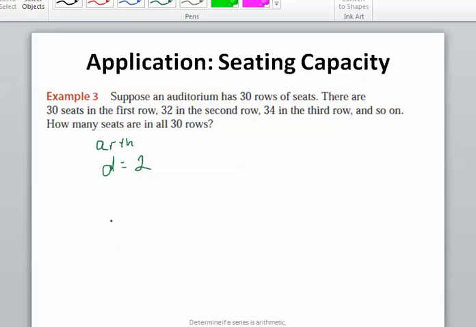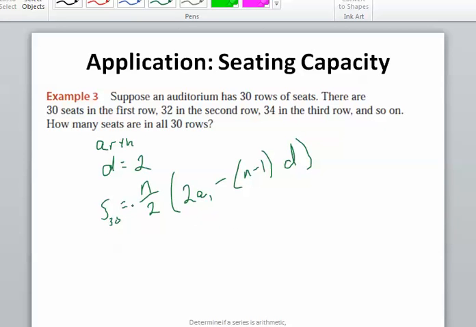Right? And so what are we going to do? We're going to take n over 2, because we're trying to find the 30th sum, right? n over 2 times 2 times a sub 1 minus n minus 1 times d.